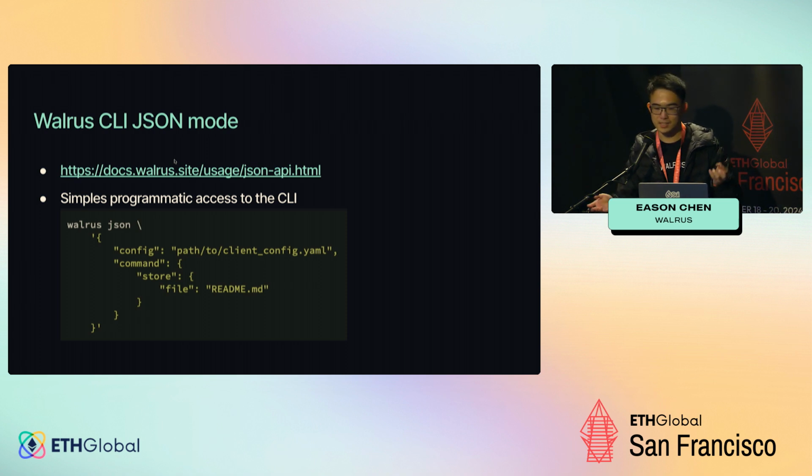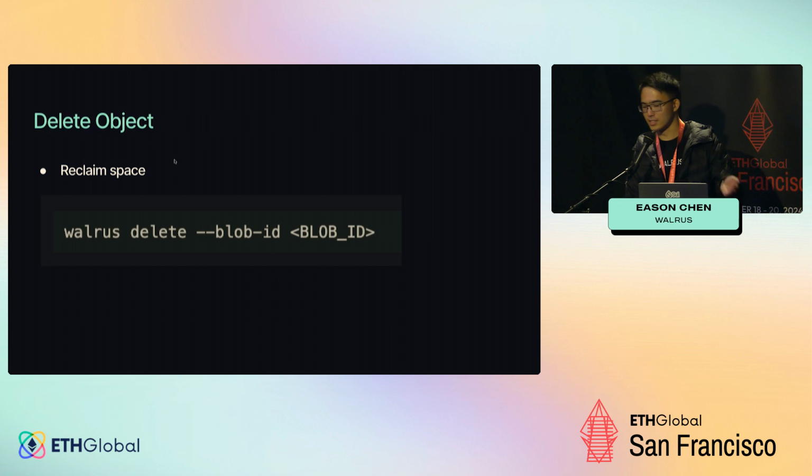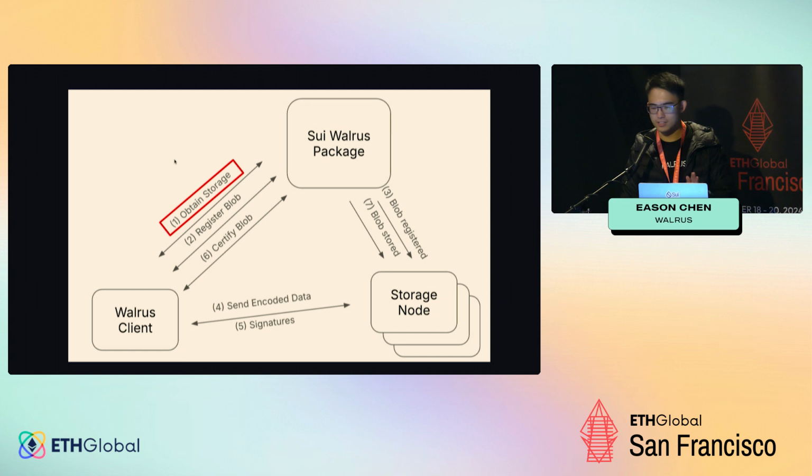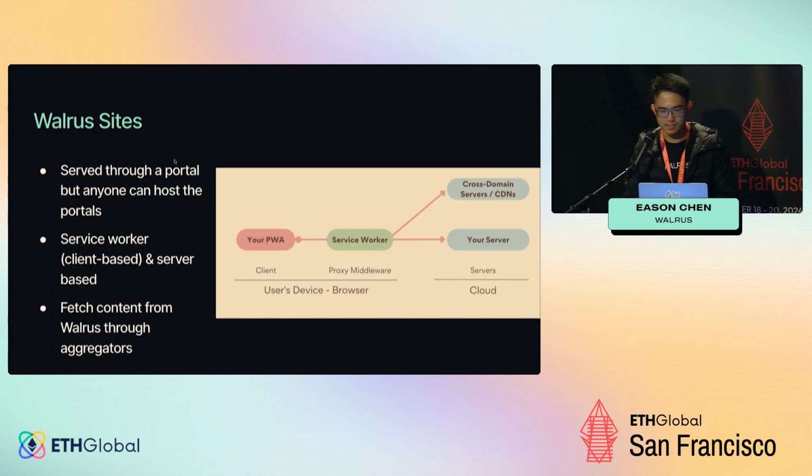If you have a programming language that can parse JSON easily, then you can use this for more complicated things. You can delete objects, as mentioned, to reclaim space. How it works, I'm not going to go over. This has been gone over in the video that I posted for ETHGlobal, so feel free to go there for the explanation. So, Walrus sites.